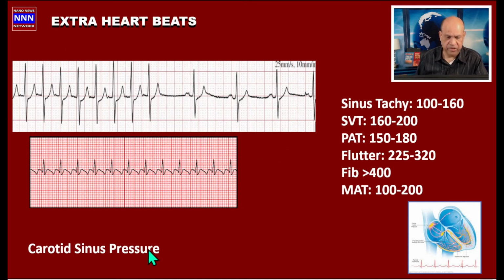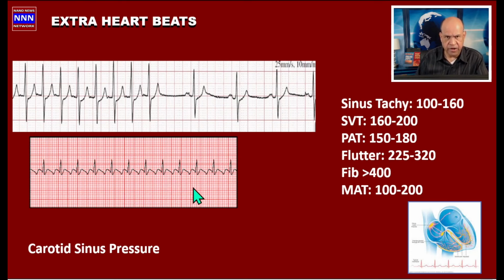Carotid sinus pressure is extremely useful in diagnosing the underlying atrial rhythm in patients with a rate between 125 to 160, I would say, to see is this sinus tachycardia, is this paroxysmal atrial tachycardia, or is this flutter with 2-to-1 conduction.